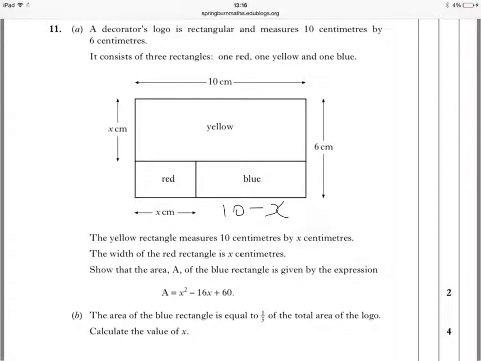Now, similar thinking for the breadth. Here's the breadth of the blue rectangle. The breadth of the full shape is 6. This bit here is x, so it would be 6 take away x to get the breadth.